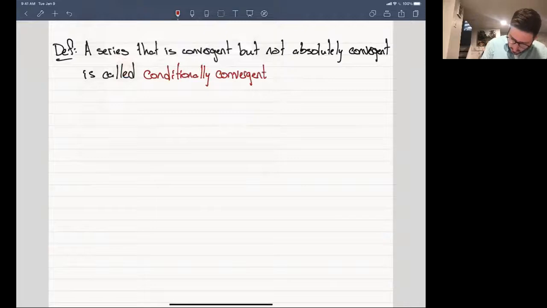Okay, so again, think about that alternating harmonic series. The alternating harmonic series using this definition is conditionally convergent.